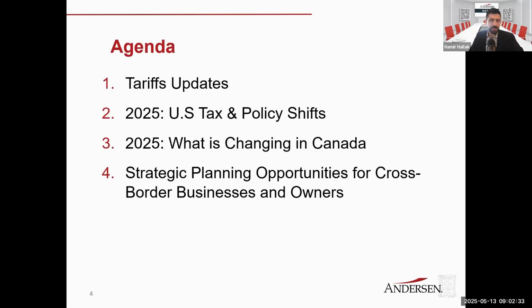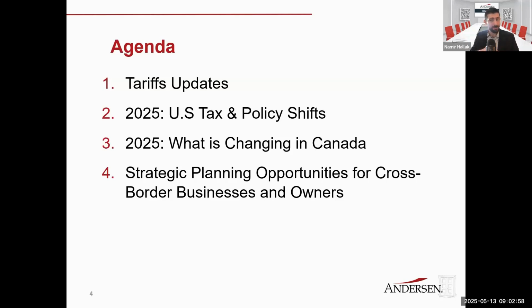All right, so what's on the agenda today? We're going to navigate through the protectionist U.S.-Canada landscape, and we're going to go on this journey by traversing through those 4 agenda topics. We're going to start off with a tariffs update, hot topic of the day. Where do we stand today? Of course, with a focus on U.S. and Canada. And then we're going to go into U.S. tax and policy shift.